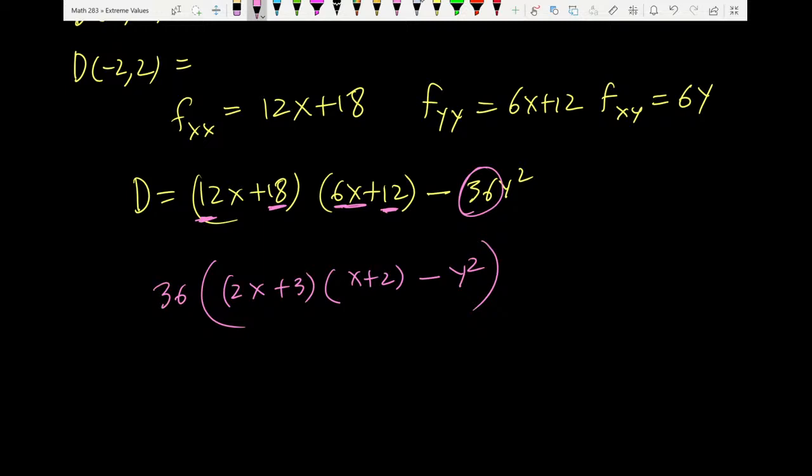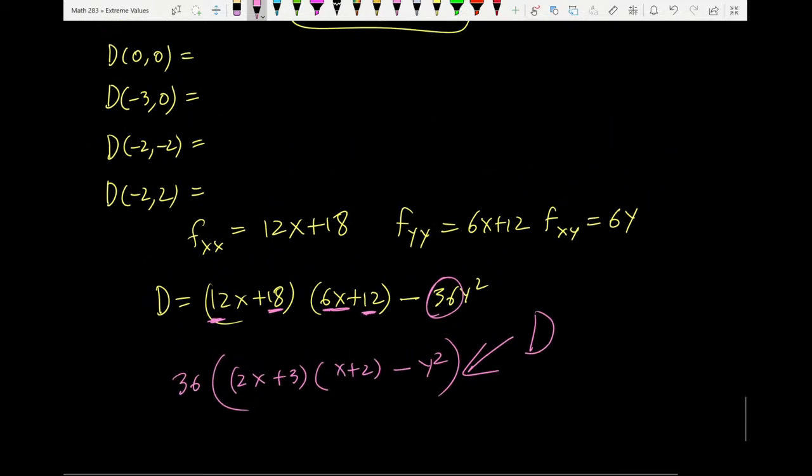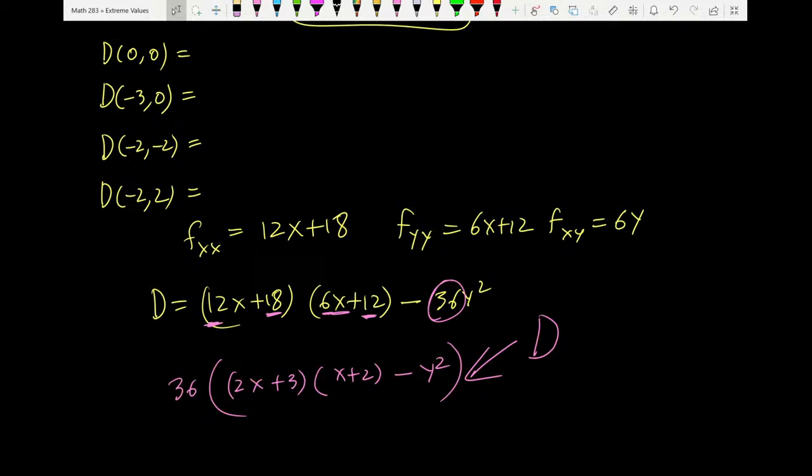The reason I factor out 36 is just a scalar multiple of it. So we really don't care if it's a large number or not. So we could work with this d now. You could plug 36 in. It really doesn't matter if you want to do that. But if I factor out the 36, I still get the same answer. So let's see what happens. What do I get? If it's minimum or not.